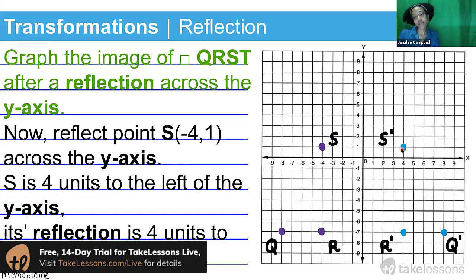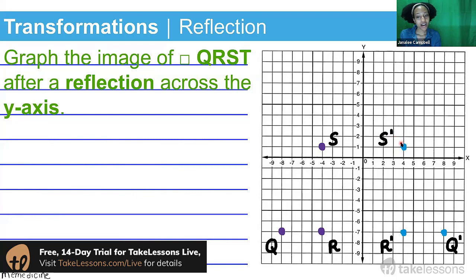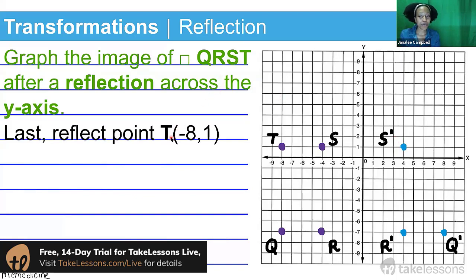And I'm just going slow. I know this might be redundant for many of you. I'm just going slow because there are some people in here who are not really familiar with navigating the coordinate plane, okay?